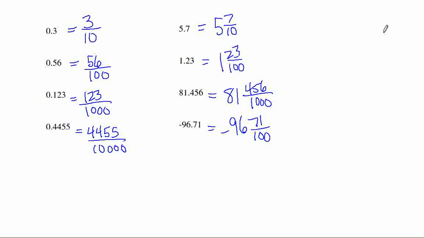So now let's see if you can find the equivalent fractions to a few examples of decimals. 0.97. Would you please pause the video and try to figure out what the equivalent fraction is to 0.97? Okay, I'll go ahead and tell you now.